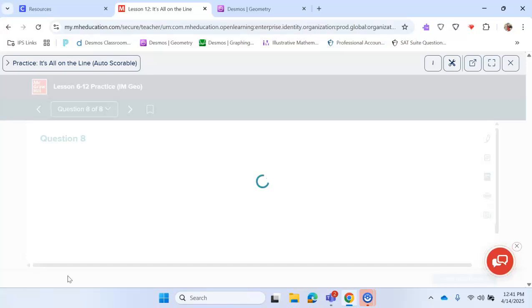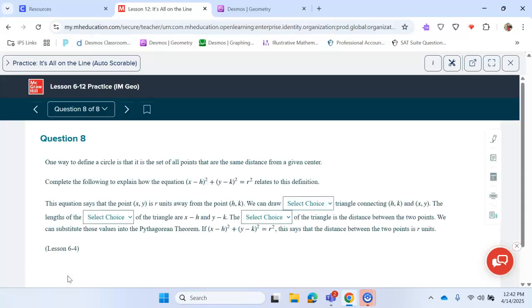Question 8. One way to define a circle is that it is the set of points that are the same distance from a given center. Complete the following to explain how the equation (x minus h) squared plus (y minus k) squared equals r squared relates to this definition.